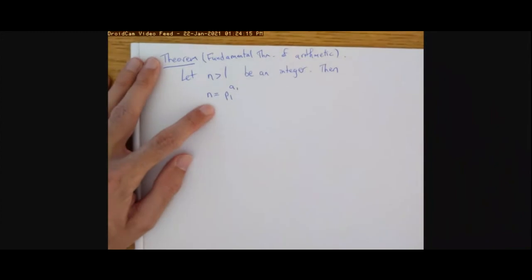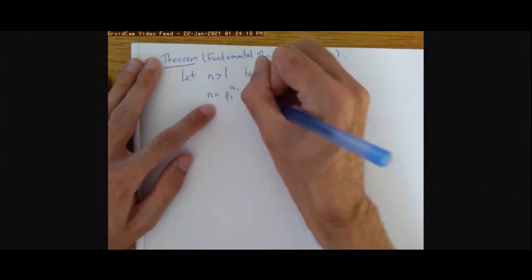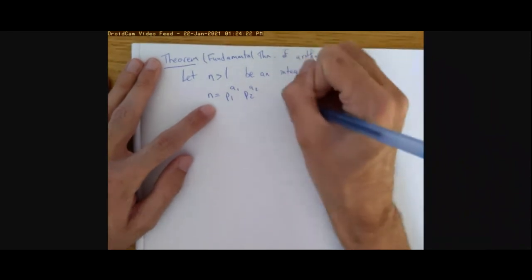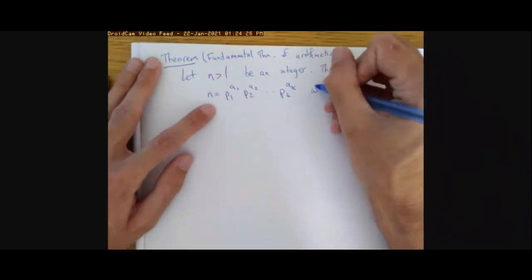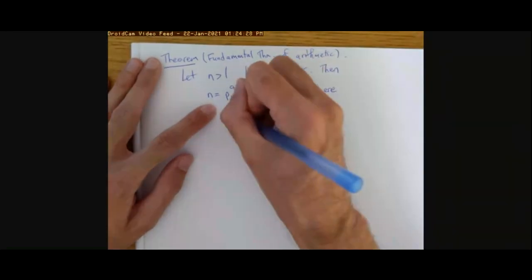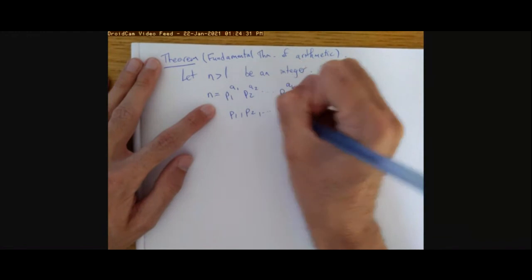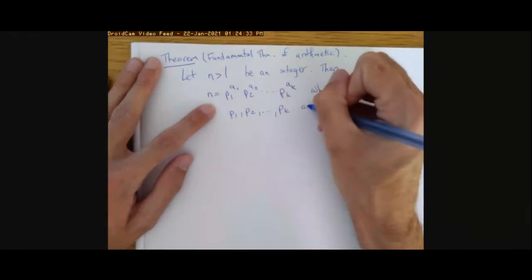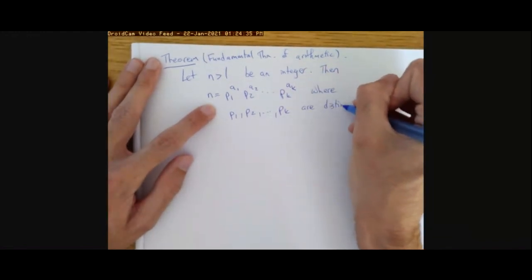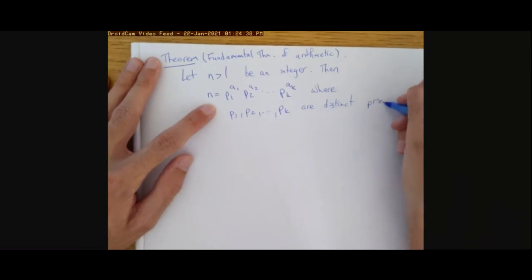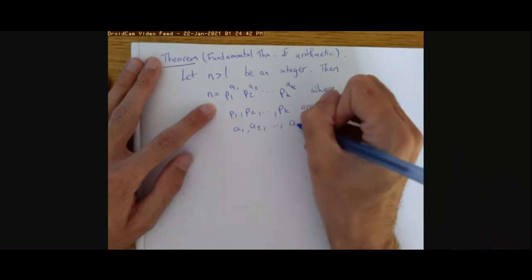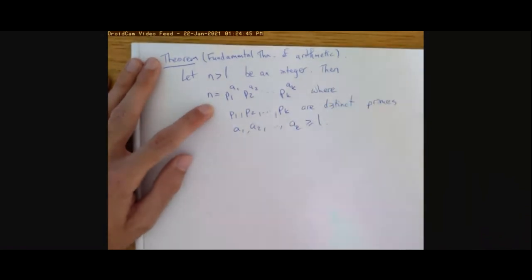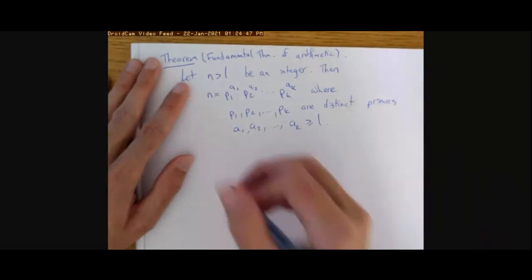Then you can factorize n into a product of prime powers, P1 to the A1, P2 to the A2, all the way up to Pk to the Ak, where P1, P2 up to Pk are distinct primes, and A1, A2 up to Ak are all integers greater than or equal to 1.